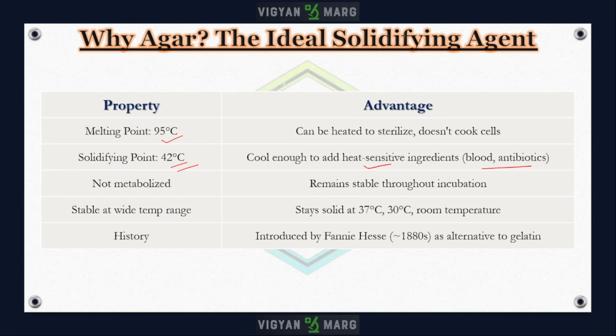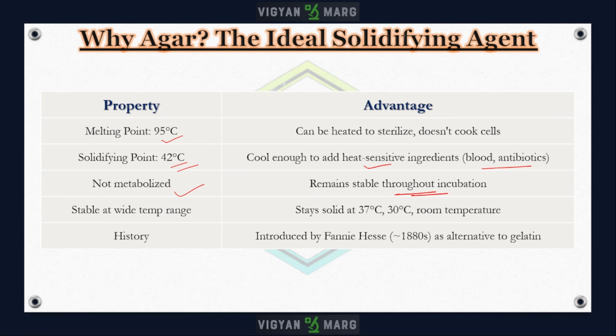Second, agar is not metabolized by most bacteria. The microorganism cannot metabolize the agar. That means it remains a chemically inert scaffold, and it remains stable throughout the incubation period.